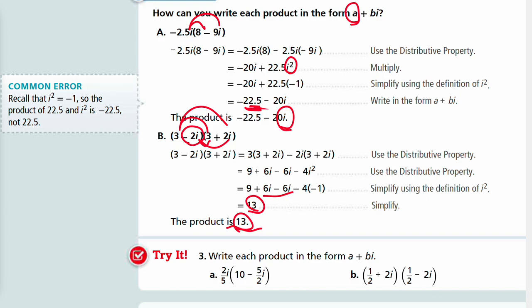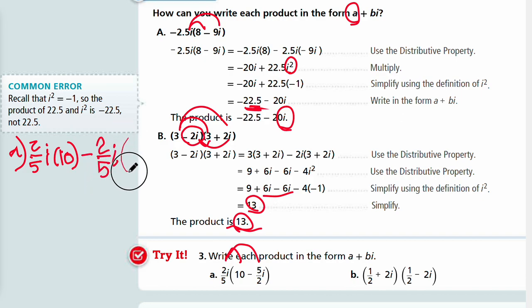Okay, are you ready? All right, so part A. You're going to distribute 2 over 5i to the binomial, and you get 2 over 5i times 10, and then minus 2 over 5i times 5 over 2i.